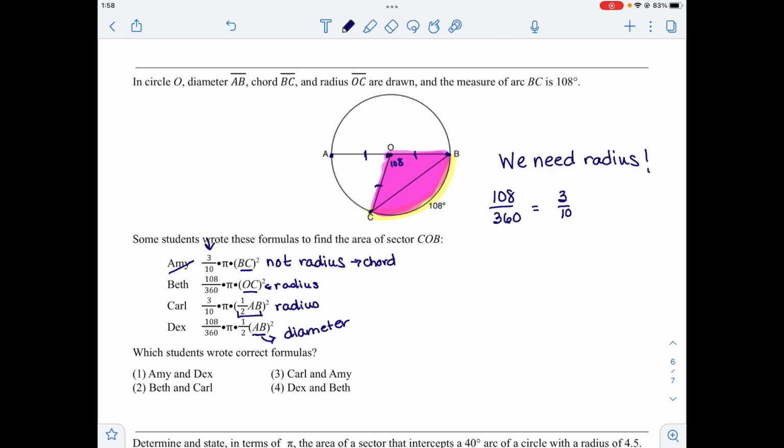Beth's OC is a radius. We were given that. So hers will work. Carl, his half of AB is the diameter, and half of that would be the radius, so his would work. Dex, however, just has AB, which is the diameter, so Dex will not work. So the only ones that will work will be Beth and Carl, so that is our option 2.